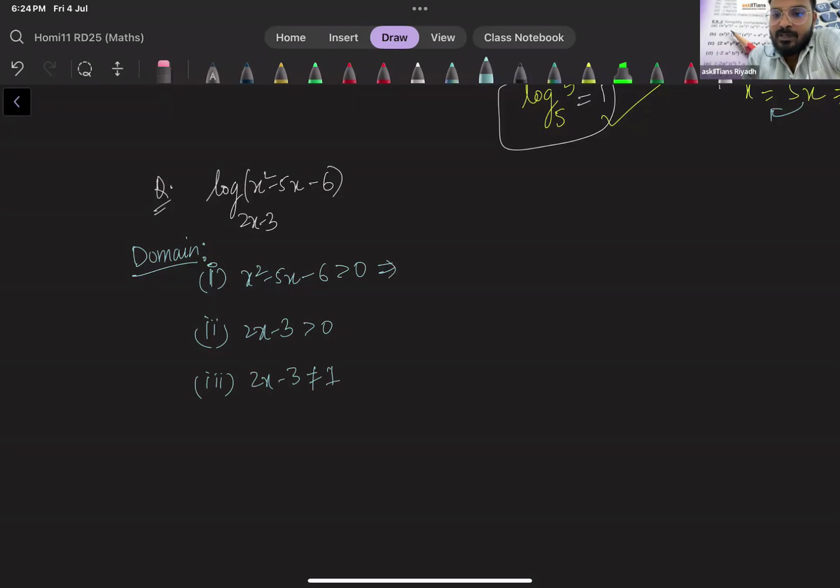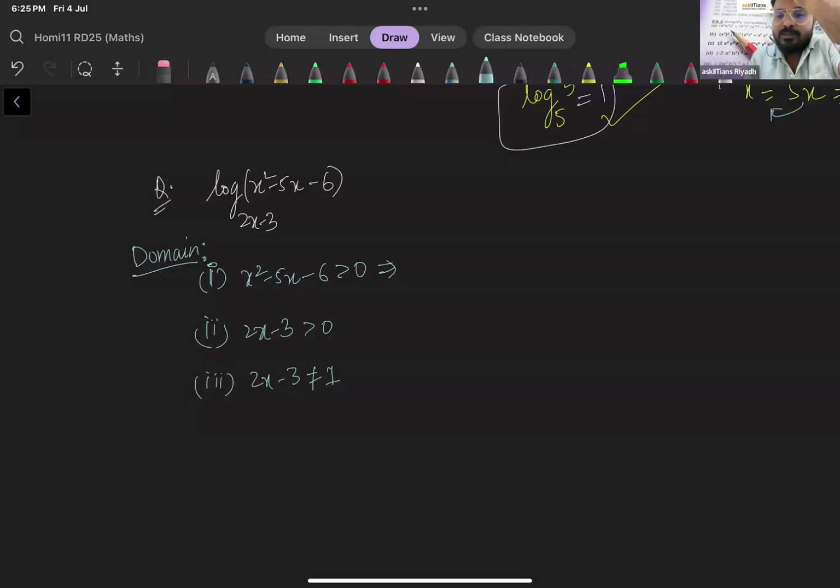First one, factors will be x. Guys, all of you do know it, right? Factors of minus 6. So minus 6 is there, na? Correct. So it will be like x plus 1 and x minus 6, sir, plus 1 and minus 6.